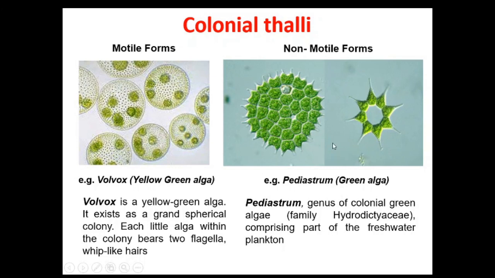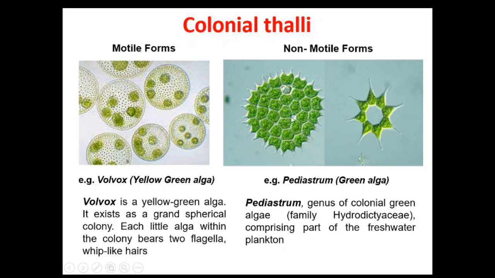Now the example of the non-motile colony is Pediastrum, which is a green alga. Pediastrum is a green alga, and it forms part of the freshwater plankton. So you can see the characteristic colony of Pediastrum and how the cells are held together and connected to one another.